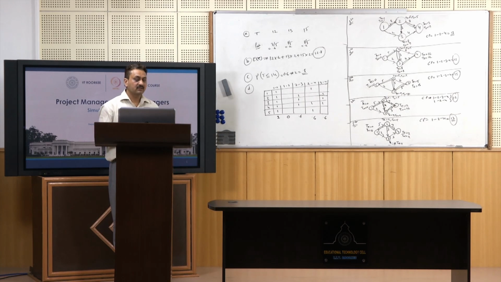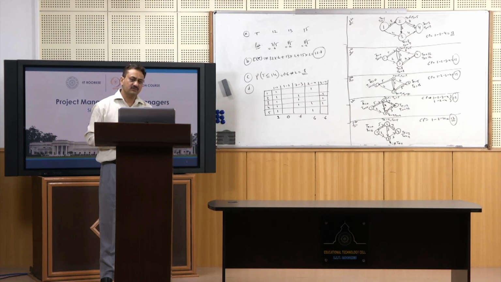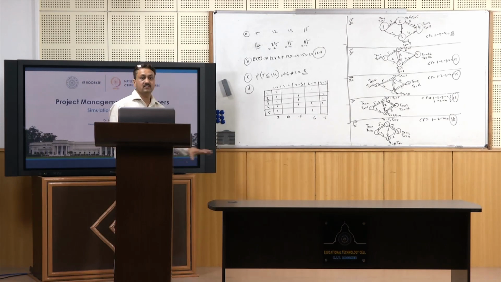The moment you select a set of random numbers for a particular activity, for example, for this activity we have chosen these 5, each time we got a different time estimate, right. So the moment you change random numbers, your solution will also change. So it is suggested that you should generate more and more random numbers, and perform more and more simulation runs.